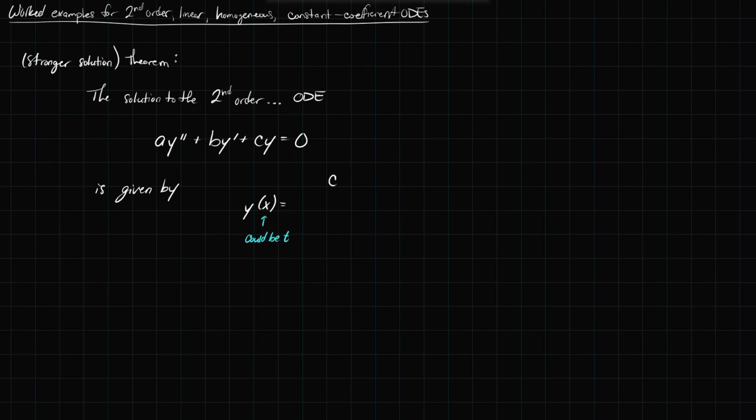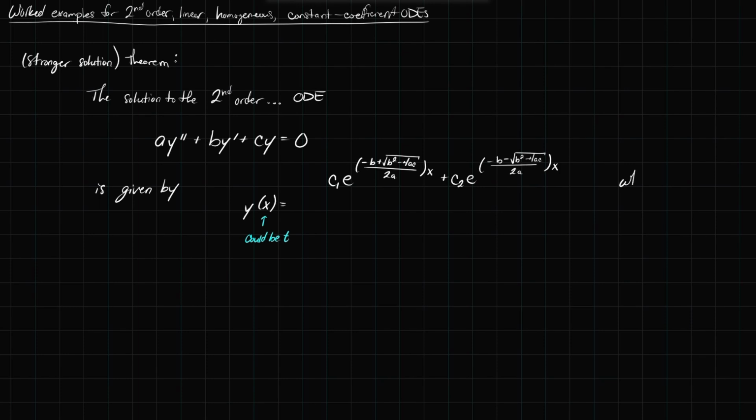It's given by c1 e to the first eigenvalue, so negative b plus the square root of b squared minus 4ac, all over 2a x, plus c2 e to the negative b minus the square root of b squared minus 4ac, all over 2a x.